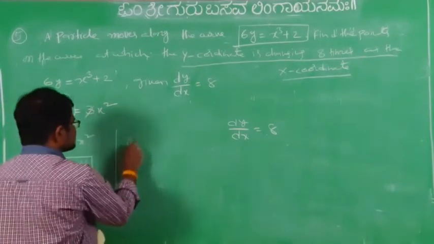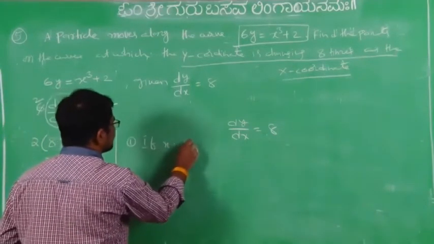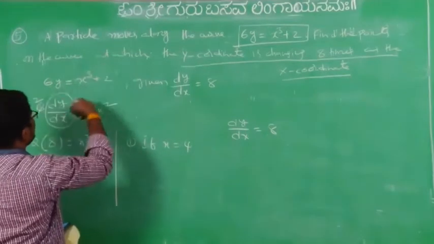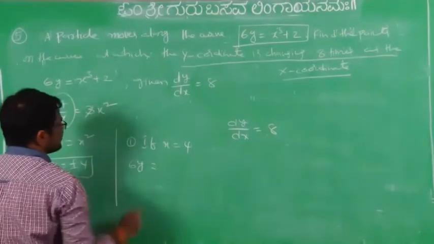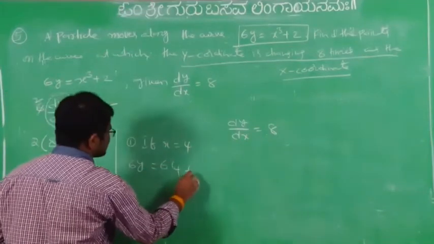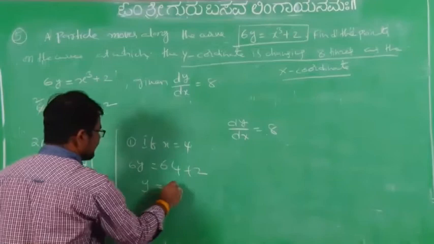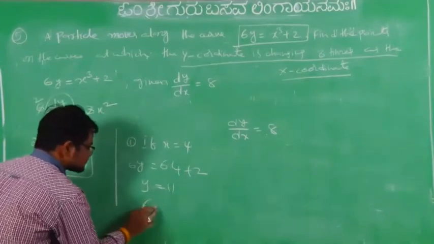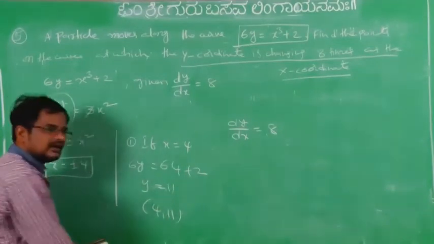Now first case, if x equal to 4, 6y equal to 4 cube plus 2, that is 64 plus 2, so y equal to 11. So in this case the point is (4, 11).